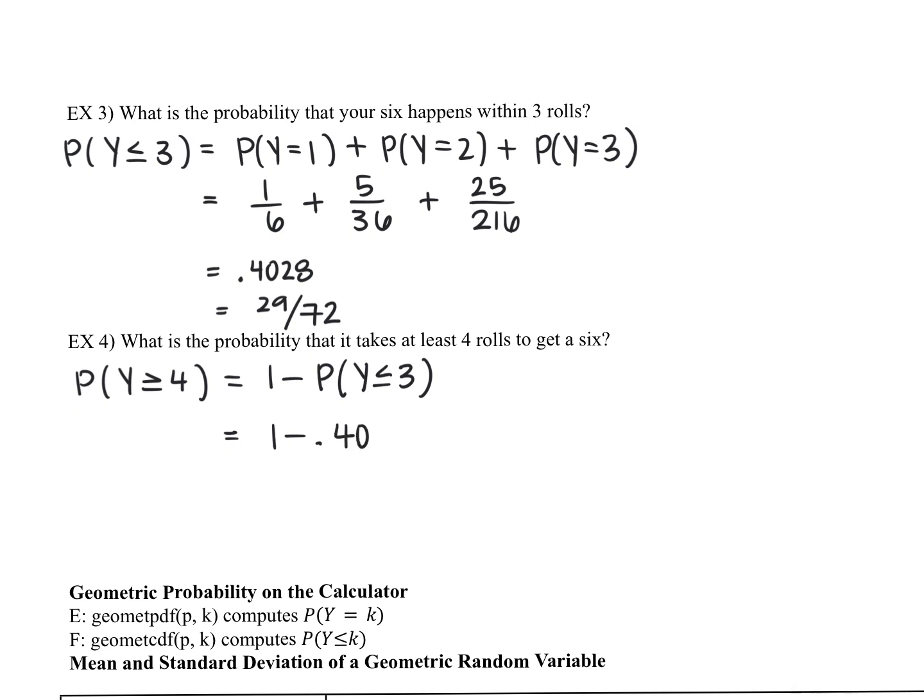So 1 minus 0.4028, which is 0.5972. In terms of fractions, 1 minus 29 over 72, you get 43 over 72.